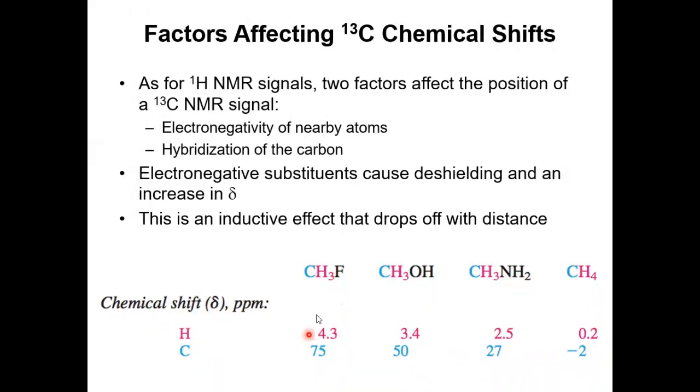The only thing is that in the case of proton chemical shift, you see a spread of 4.1 ppm from methane to fluoromethane. But here, from methane to fluoromethane, you see a 77 ppm spread. The spread is about 20 times greater.